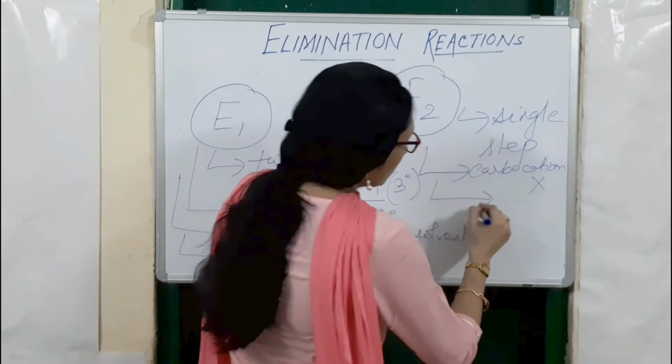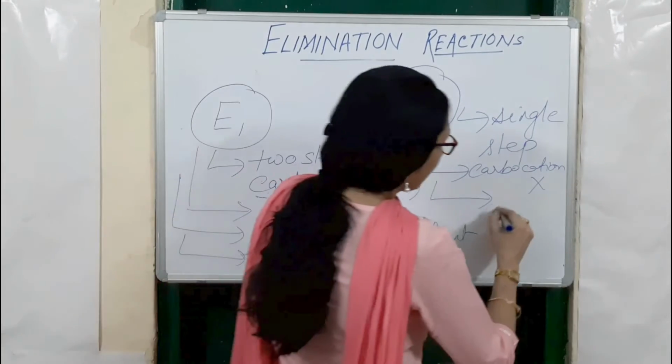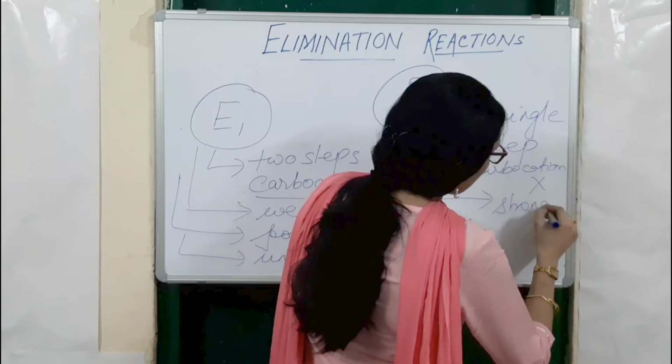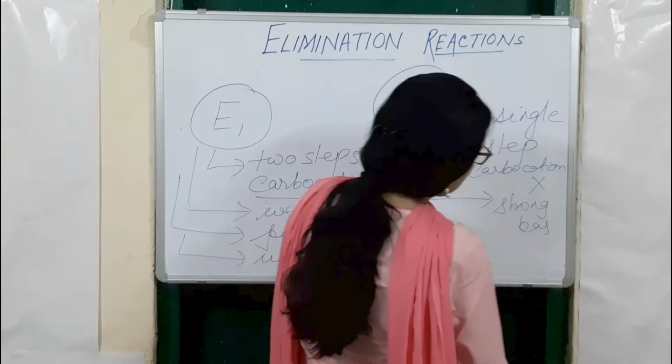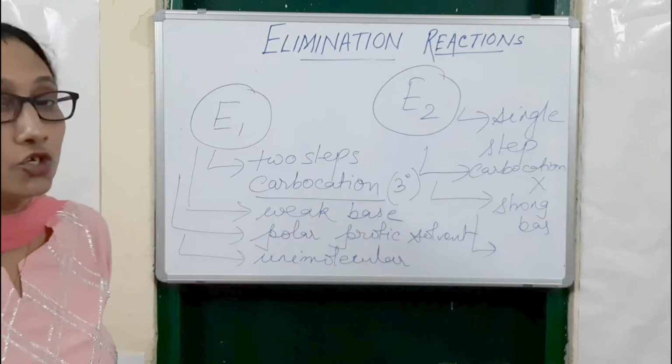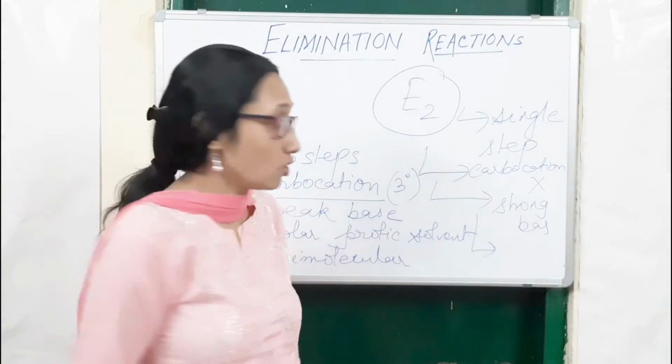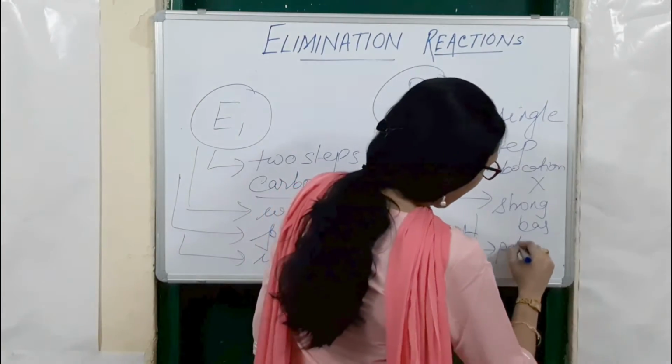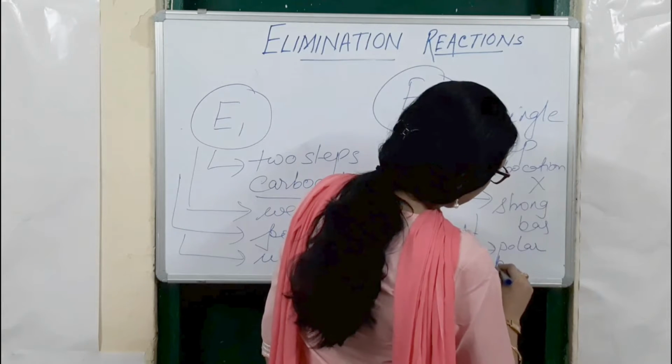Now E2 is favored by a strong base. And what about the solvent? In case of E2, the solvent is polar aprotic.